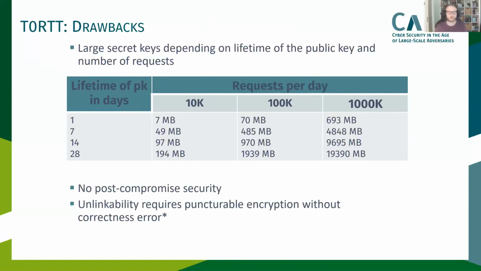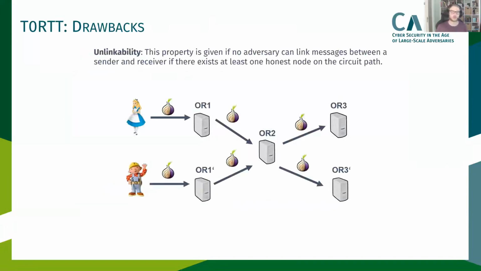Unfortunately, the Bloom filter encryption scheme does not provide perfect correctness. In fact, it has a non-negligible correctness error, and this can lead to an attack where a passive attacker can break the unlinkability property. But again, we can solve this problem, and for this, let's have a closer look at how we define unlinkability.